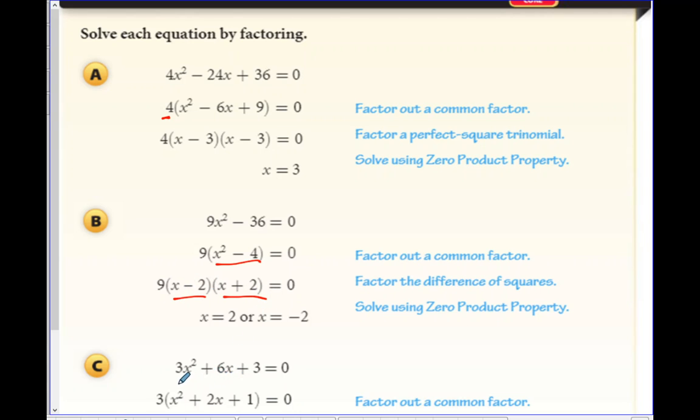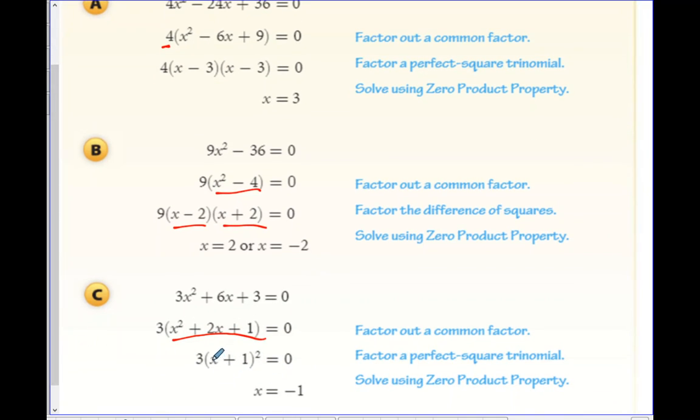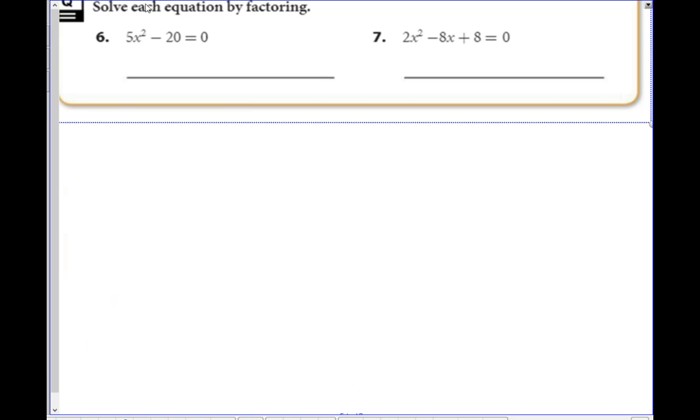And then on this one, they factored out the 3, and that turned into, again, a perfect square trinomial, so that's going to be x plus 1 times x plus 1. So all you have to do is make x plus 1 equal to 0, solve it, and x is equal to negative 1. All right, so looking through this, 5x squared minus 20, what do I want to notice first?